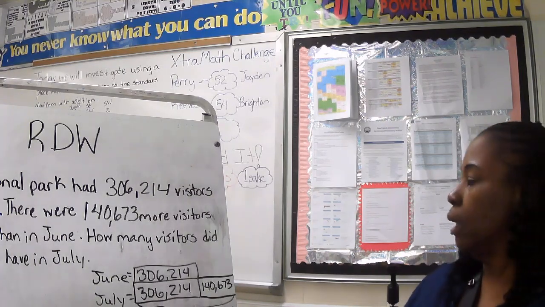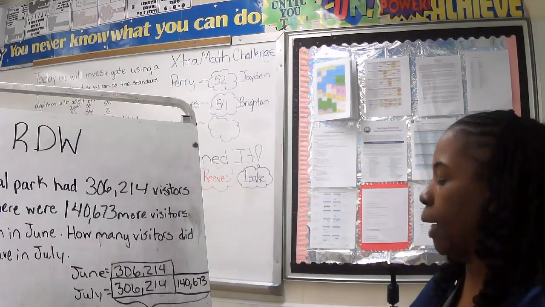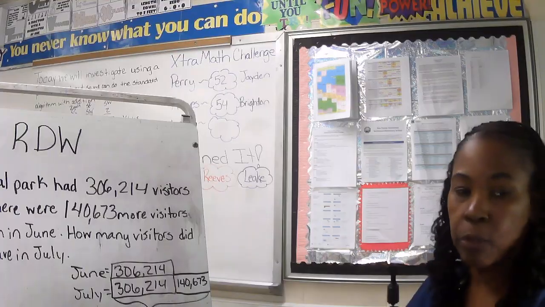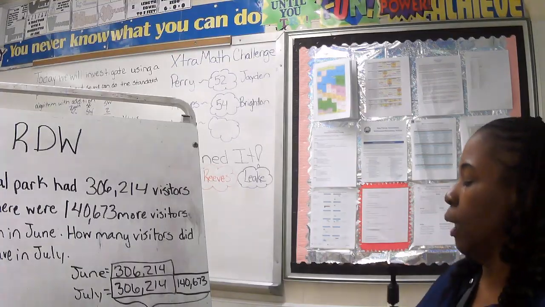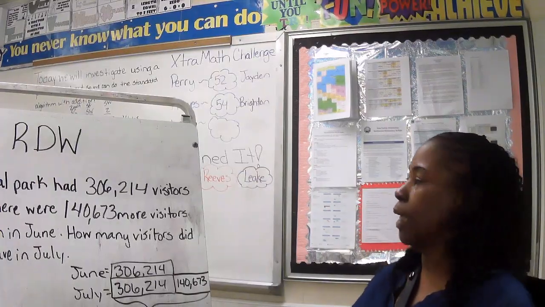Okay? And so we're going to need to do our place value chart. I'm going to do it up top in this space here. And since we have 6 digits, we know it's up to the 100,000s place.